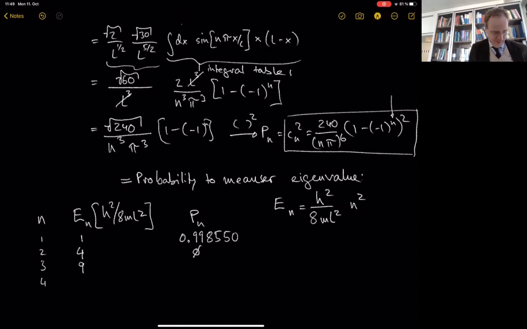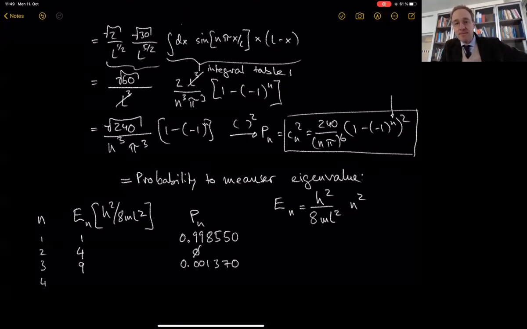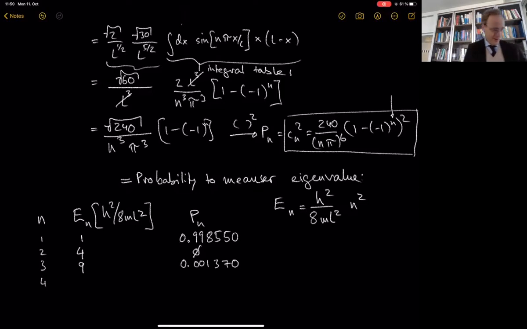Then we have 9. And for 9, we find a probability of 0.001370. A reduction of a factor of nearly 1,000. Okay. So that's your next probable event, right? 1,000 times less probable. The next possible event, energetically.